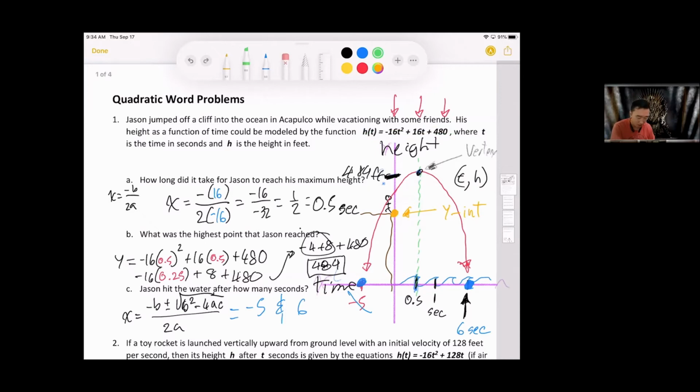Excellent, very good. In standard form, this is your y-intercept always, right? Because when you add 0, the t's disappear. So I know that right there is 480 feet.